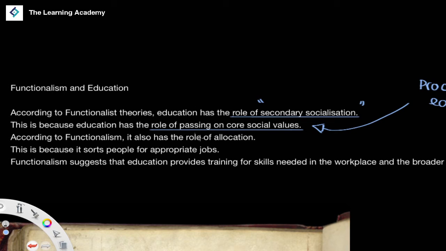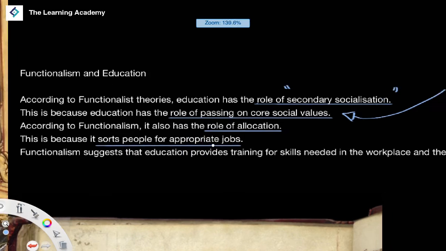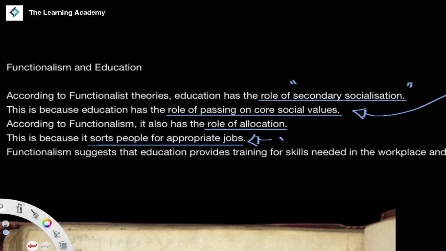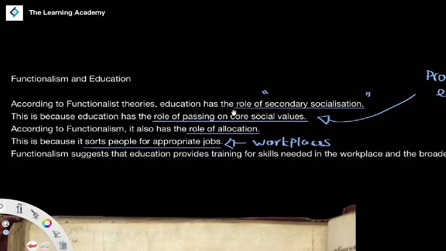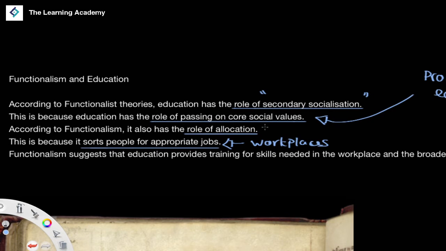But education also has an allocation function as well, because according to functionalism, education sorts people into appropriate jobs and appropriate workplaces. Depending on the work that you do, and how good at it you are and what you would specialize in, the education system allocates you into the appropriate career path or job or trade that you ought to be in, the thing that you are best at doing.